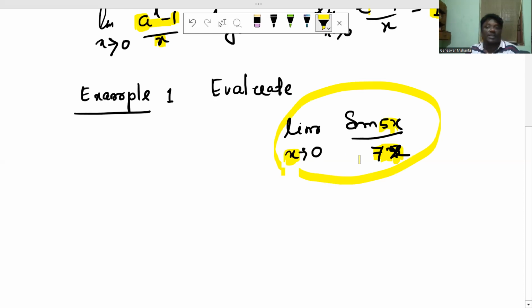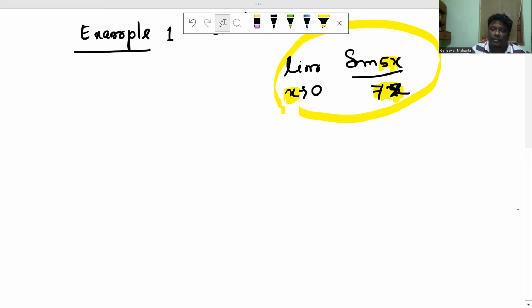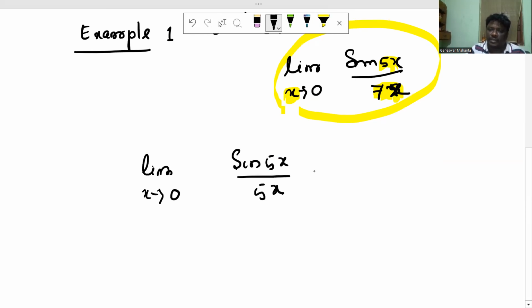These are not in that form, so we convert them into that form. So what is the process? Limit x tends to 0, sin 5x is there. So you write here 5x, and multiply by 5 and divide by 7.